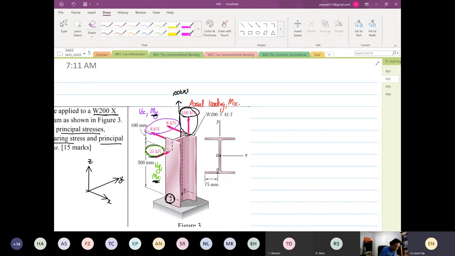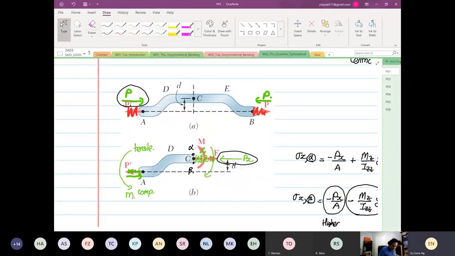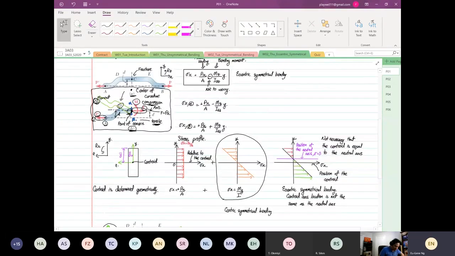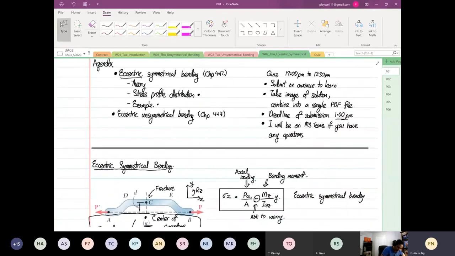Okay, so now let's go on. What we have done so far is we have looked at the theory, and the stress profile, how it looks like. Next, I'm going to go into the example.